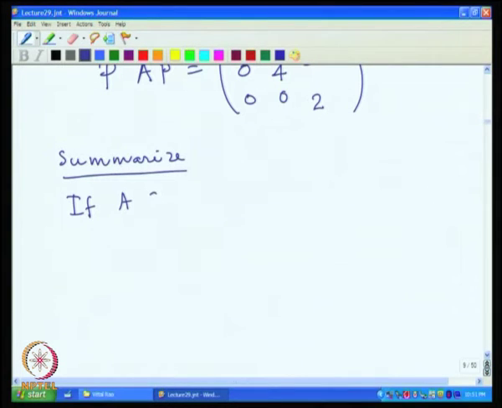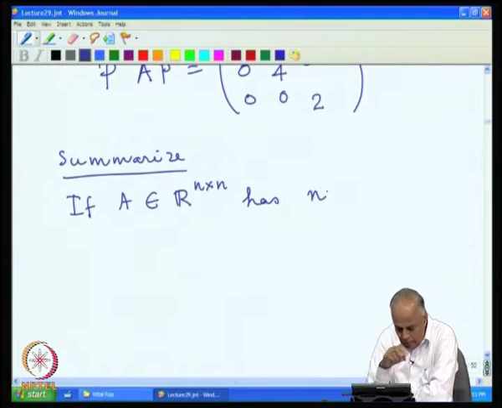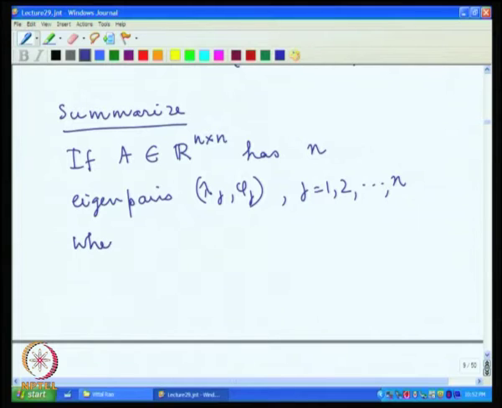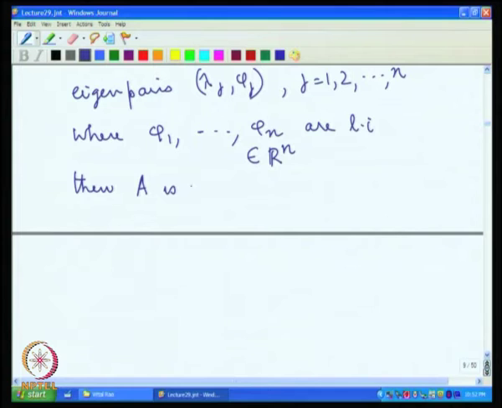The important thing to note is that if A belongs to R n by n has n eigenpairs lambda j, phi j, j running from 1 to n, where phi 1, phi 2, ... are linearly independent, and of course these vectors are in R n, they are all real vectors, then A is diagonalizable.